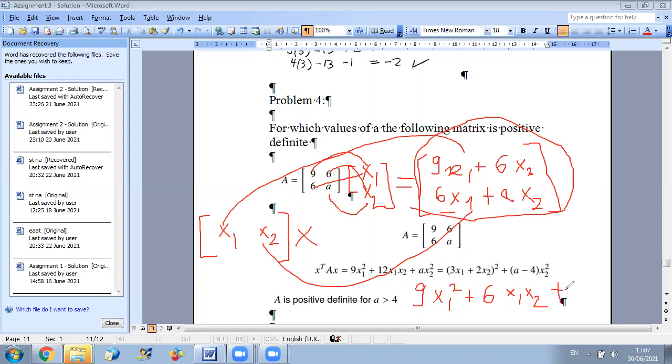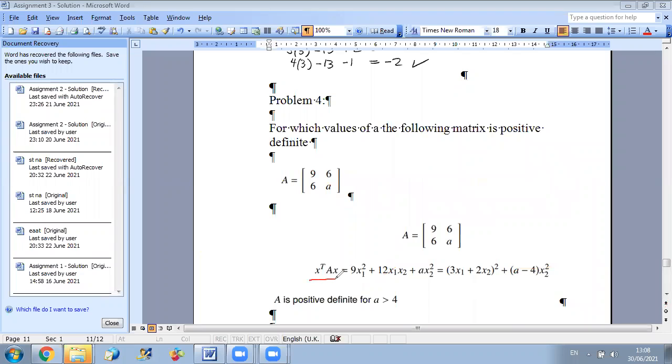I add to it the multiplication of the second element with the second element, so plus 6x1 x2 again. And finally plus x2 times a x2, which will give me a x2 squared. Okay, so now 6x1 x2 plus 6x1 x2 is 12x1 x2. So I come up with the following result, that x transpose times a times x is equal to 9x1 squared plus 12x1 x2 plus a x2 squared.